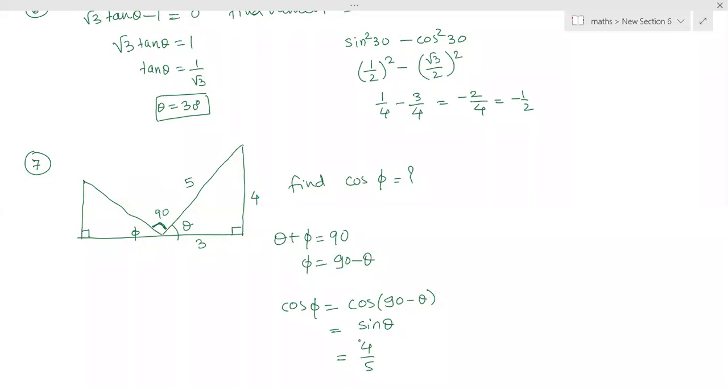Ma'am, for this sum, I took sine theta equal to opposite by hypotenuse, and I took it as 4 by 5 as one equation. And then I took sine theta equal to 180 minus theta plus 90.